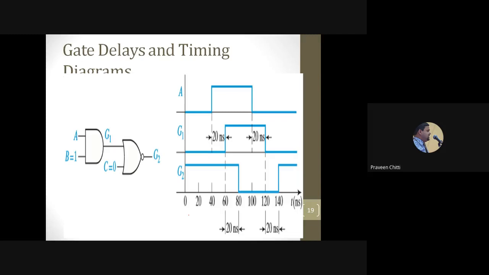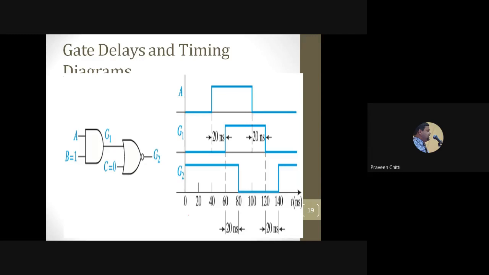Each gate is assumed to have a delay of 20 nanoseconds. Whenever inputs are changed, output will change after 20 nanoseconds. And since in this circuit, output of the first gate is given as the input to the next gate, suppose whenever input A changes at a particular time, say t equal to 0, when will the output G1 change?